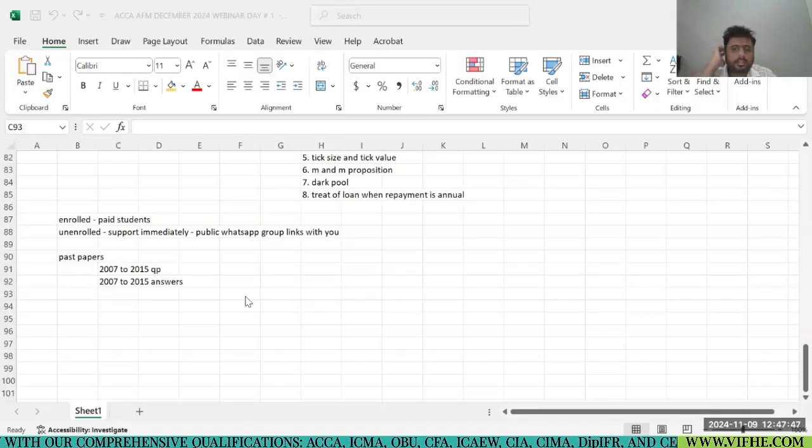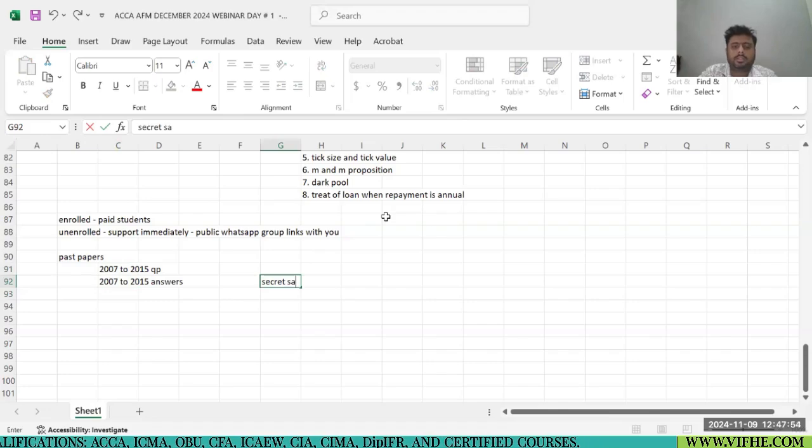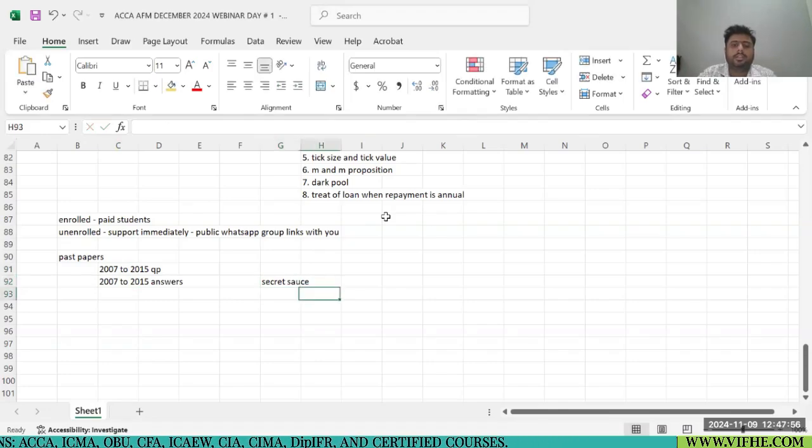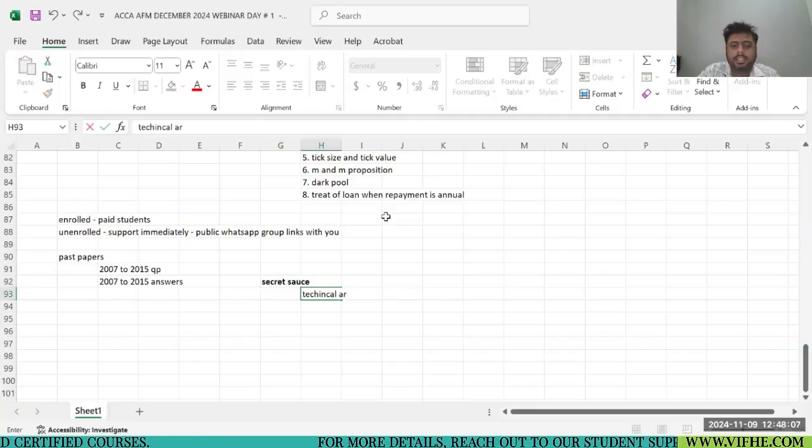How important are technical articles? Is there a new one published recently? Tomorrow I will issue the secret sauce for this attempt. What is secret sauce? You must have heard about the secret sauce from many students who have secured high marks. Secret sauce is a document which refers to important technical articles.